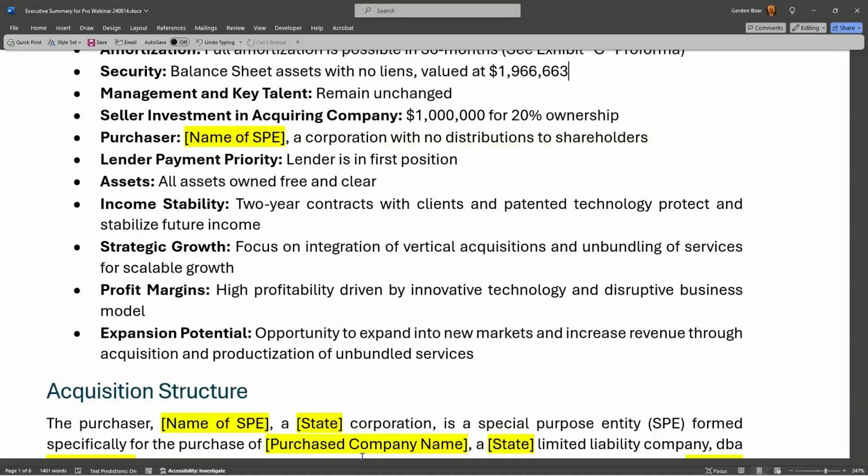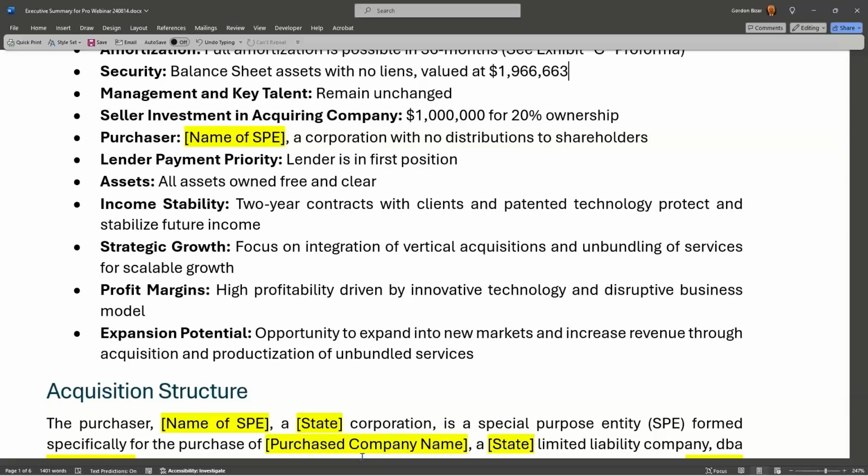And then there are things that this company can do with other services that will help it better serve its clientele. So there's a synergy that's going to happen when we make these other acquisitions. And one of the things that this lender is going to see is that we will be making and are capable of making a lot of acquisitions that are going to enhance the profitability of this buying company.